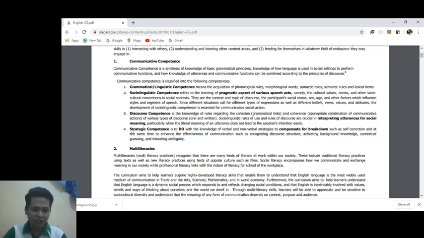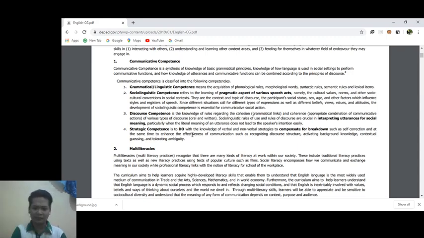So strategic competence is how you use your knowledge in verbal and non-verbal communication, the use of different strategies in order to avoid or repair communication breakdown. Just remember, the main purpose of communication is understanding. So if you have this competence, you can easily make use of a strategy to compensate for communication breakdown. So that's communicative competence.